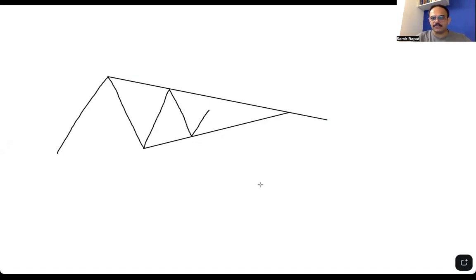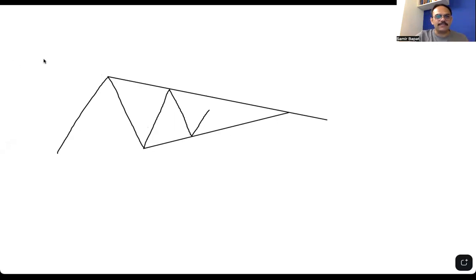Or it is okay? Everyone is so clear, right? What I'm drawing. No confusions. Yes, no? Okay. So once we see lower and lower tops forming, we join it with a line.